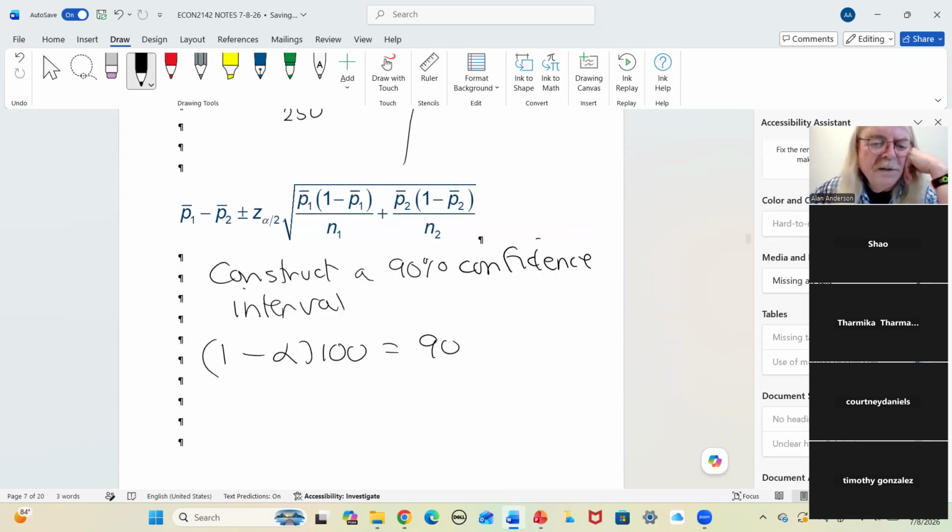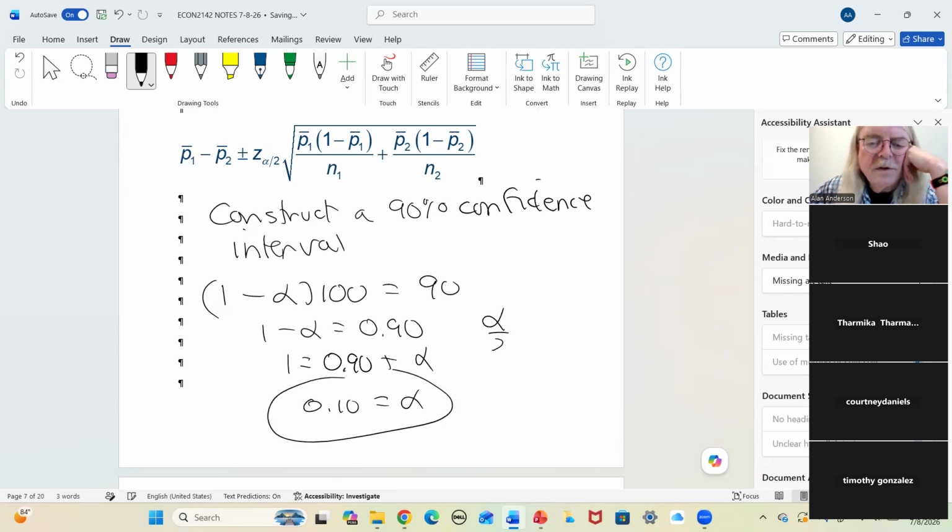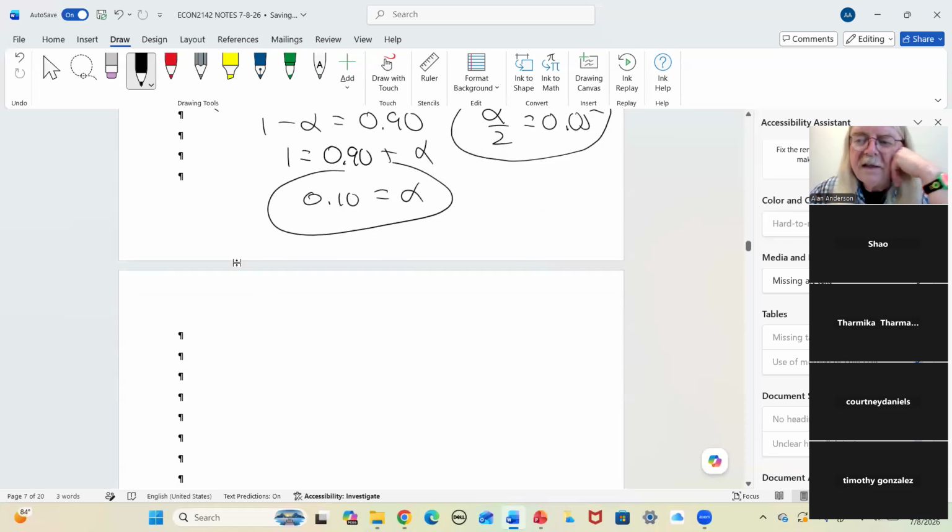If you divide, you'll see that with a little algebra, alpha is 0.10, which of course means that alpha over 2 is 0.05. And we're looking for the corresponding z-score for 5% in either tail.